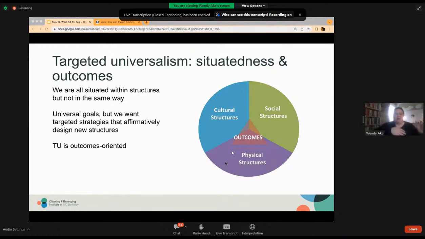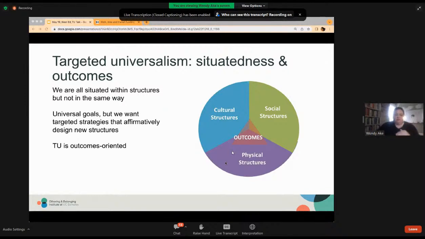So going back to the earlier experience of othering, the structure of othering around wealth, what determines wealth and wealth distribution, the systems around that. People are situated in vastly different ways, with different experiences relative to the way structures distribute wealth. That's a fundamental consideration of TU.